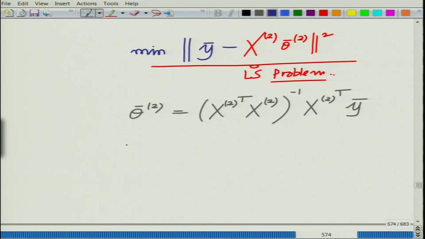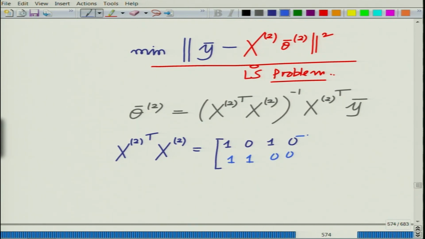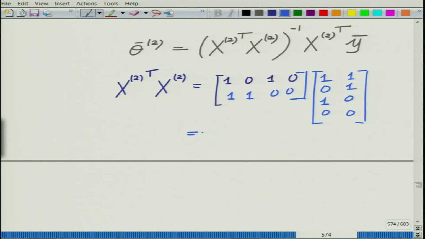First let us evaluate this in two steps. Because it is a little complex, let us first evaluate x2 transpose x2, that is going to be given as 1 0 1 0, 1 1 0 0 times its transpose, and therefore you can check this is given as basically 2 1 1 2.